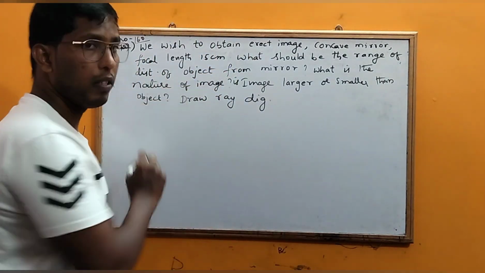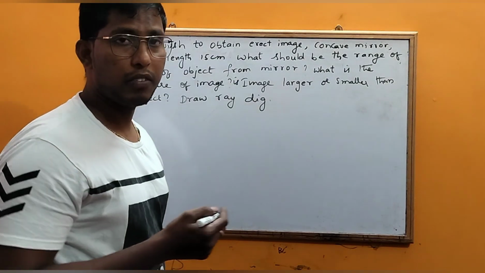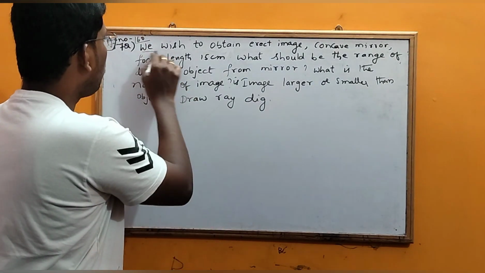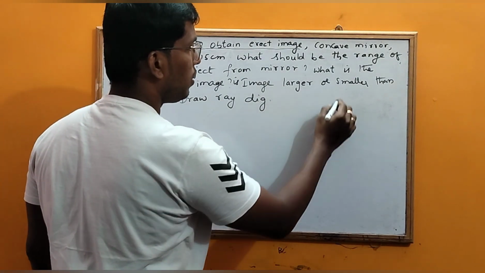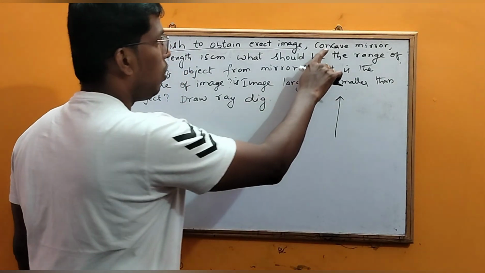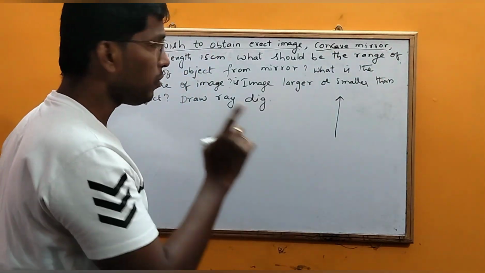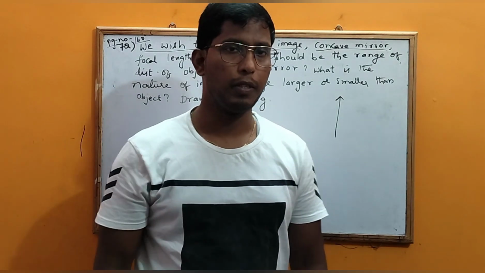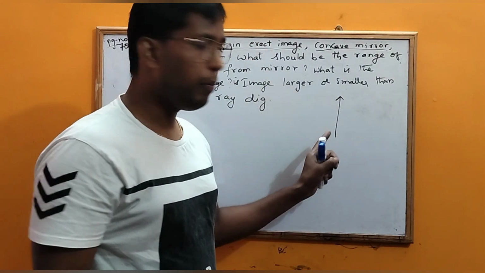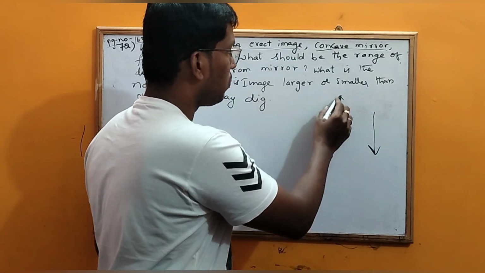So let us see the first question given on page number 160, in the back exercise questions. We wish to obtain an erect image. Erect means straight. Of a mirror, which mirror is given? Concave mirror. A concave mirror forms real images and virtual images. Real images are inverted, virtual images are erect.